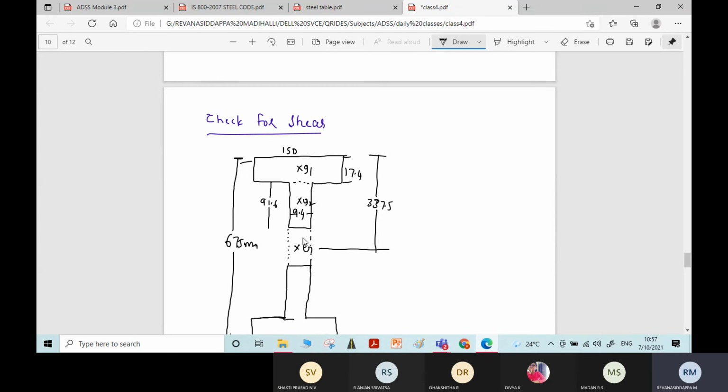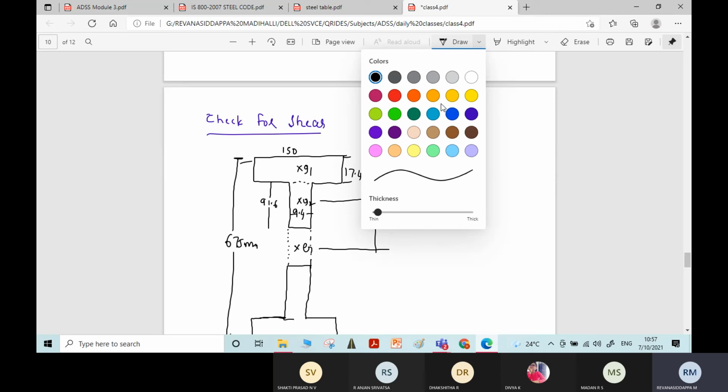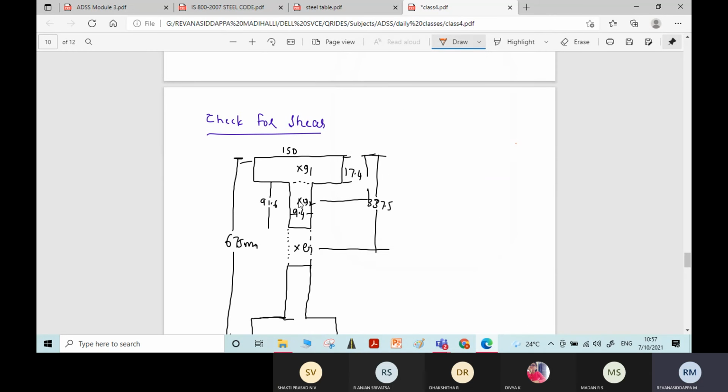How much will it be? 337.5 minus this length. What about this length? It will be 17.4 plus 91.6 divided by 2. Correct? This length means the distance of the centroid of the web from the top of the flange.